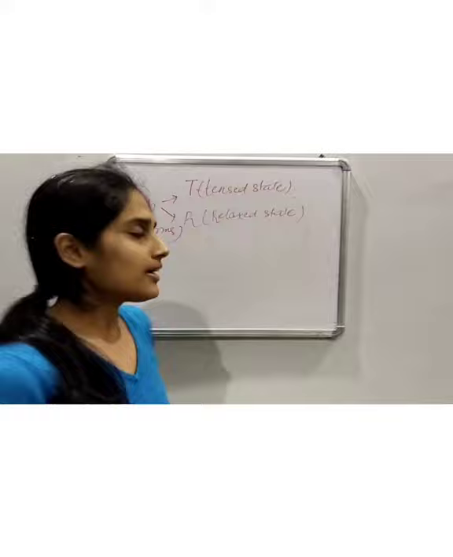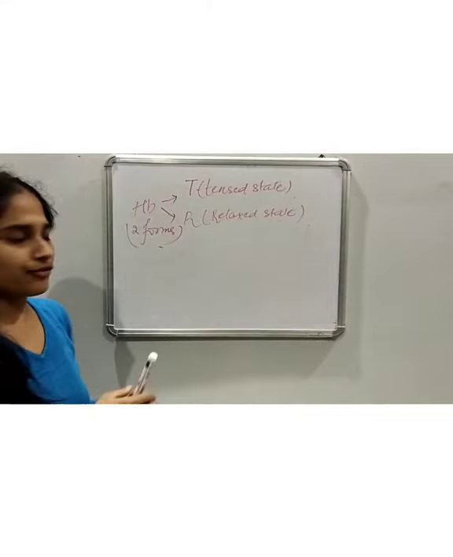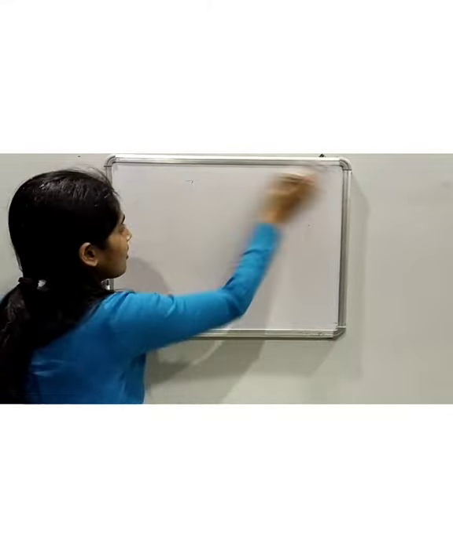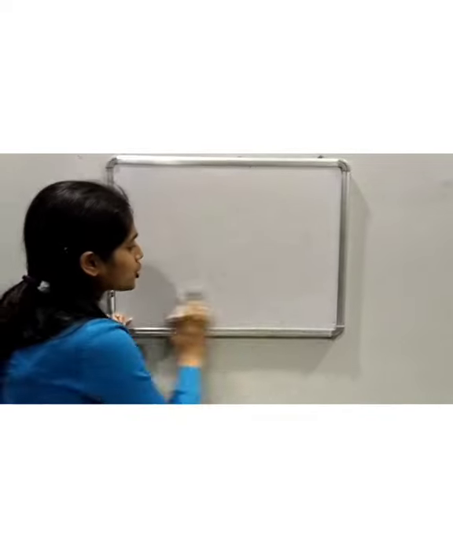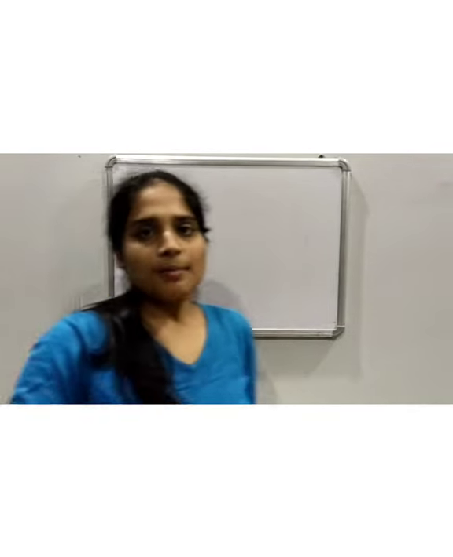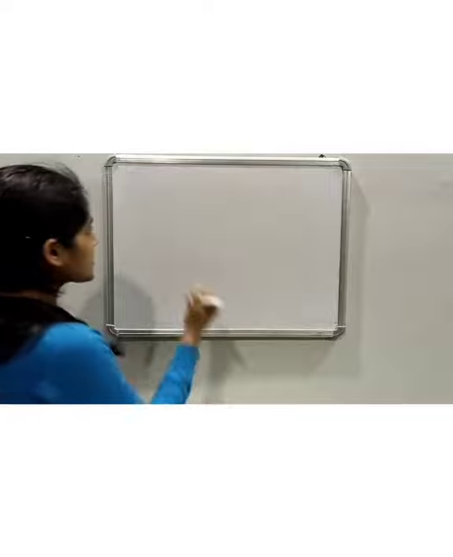Now if we plot a graph for the transportation of oxygen by the hemoglobin molecule, we get a sigmoidal curve.